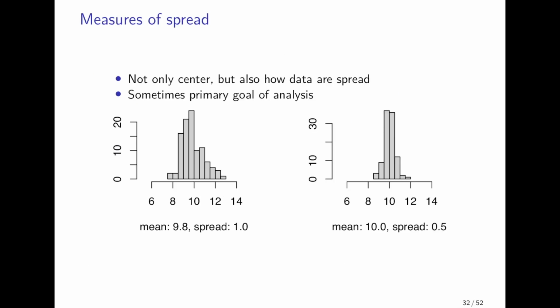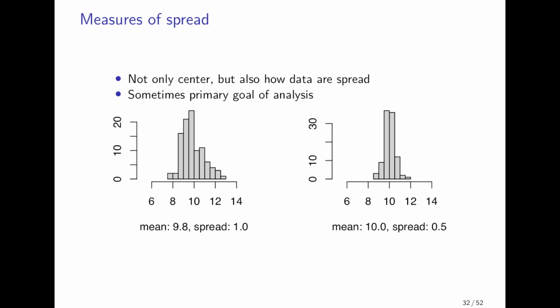Now, secondly, we don't always care just about the location of the data, but also about how much the data are spread around the location, how much they are spread around my central measure. And sometimes measuring the spread in the data can be the primary goal, can be the first thing that we're interested in.